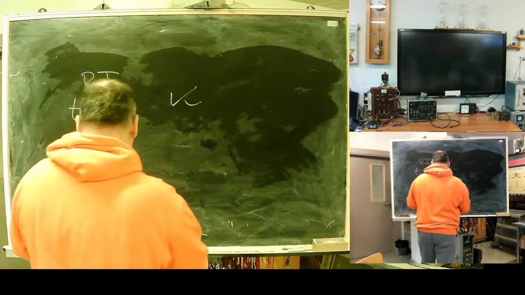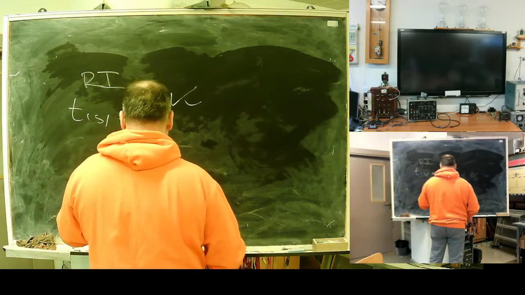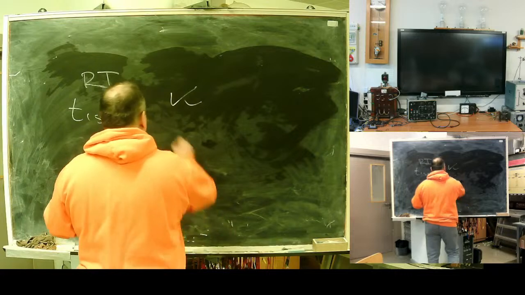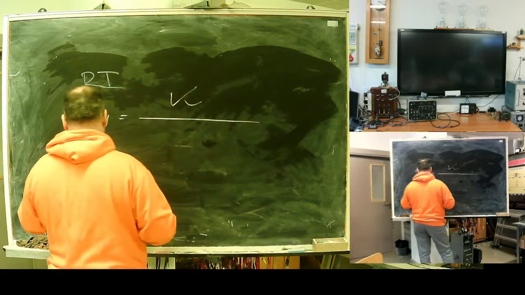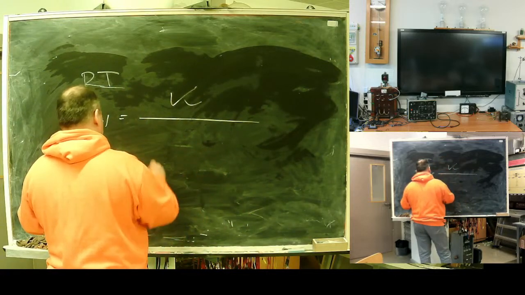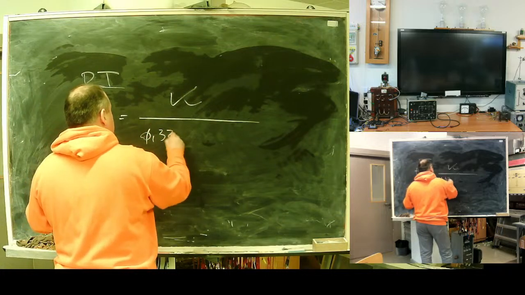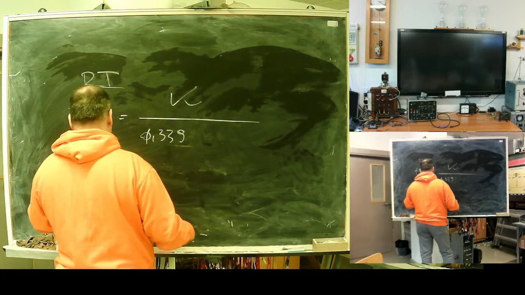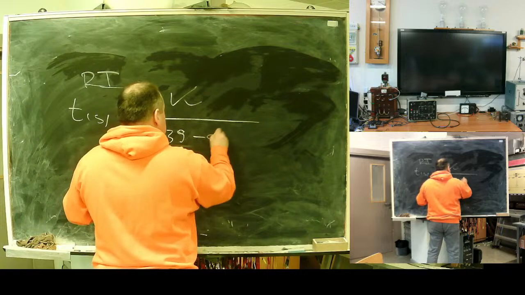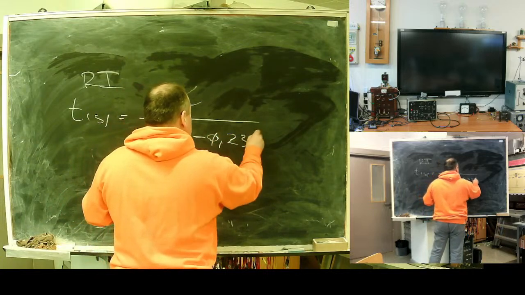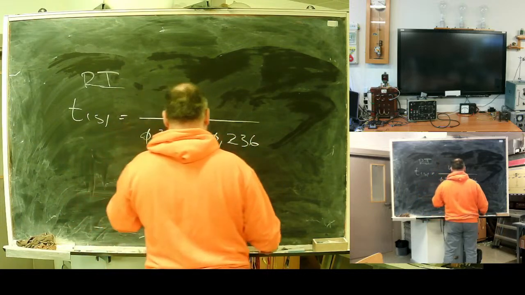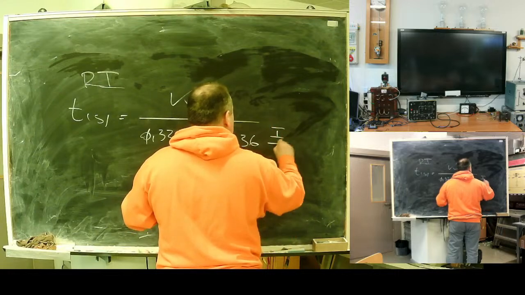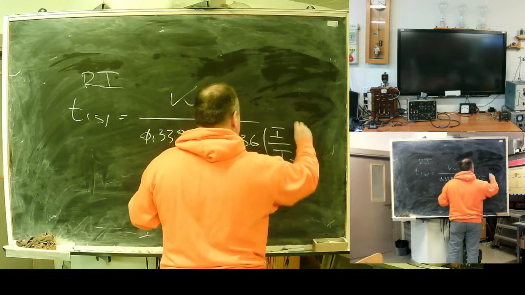So for this type of characteristic, the time multiplier is divided by 0.339 minus 0.236 over the current against pickup.